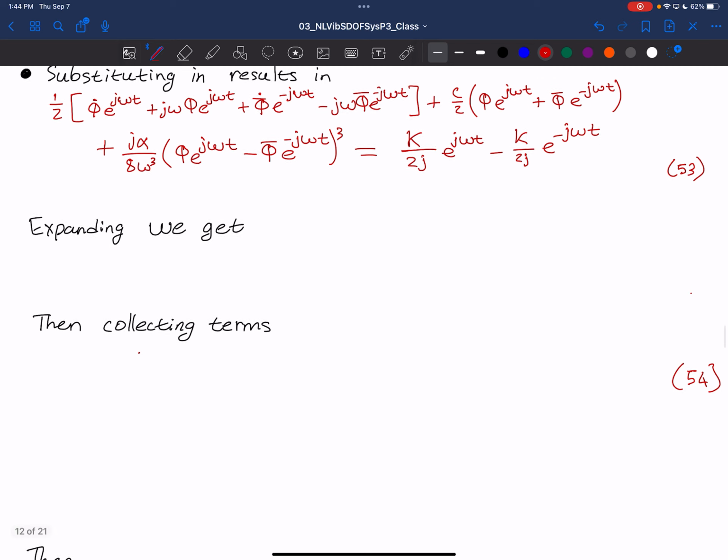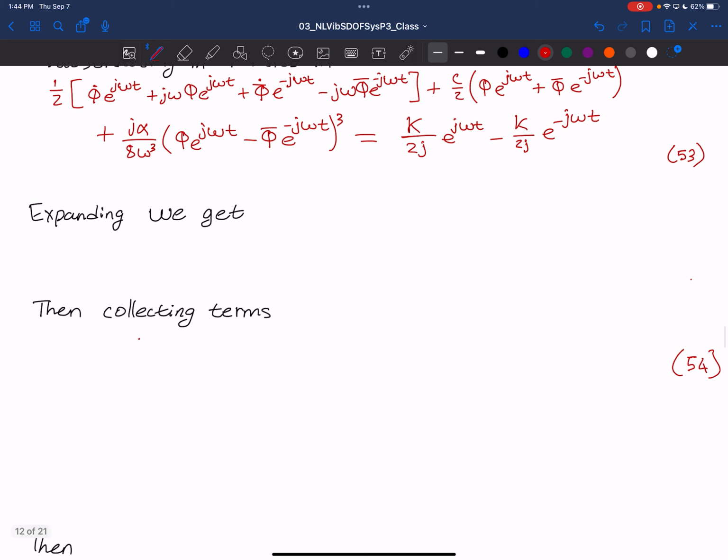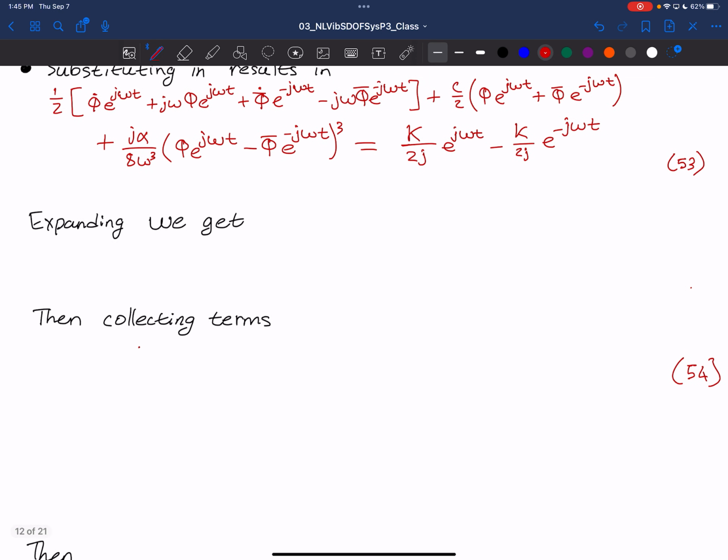All right, so let's expand the term here. Let's expand the term phi e to the j omega t minus phi bar e to the minus j omega t, cubed.